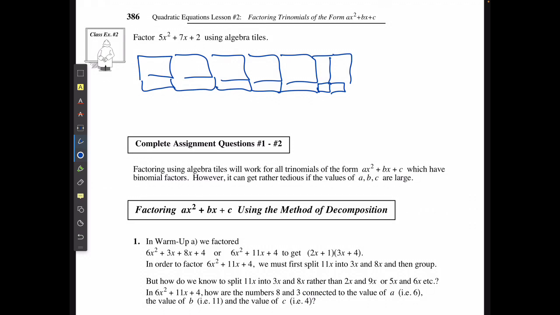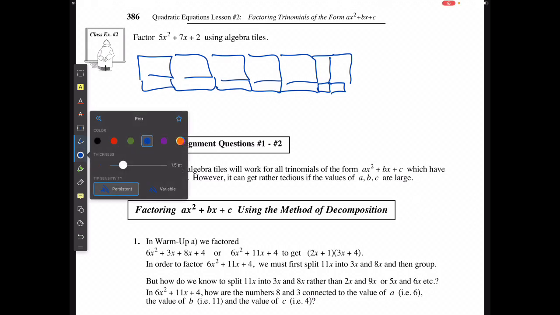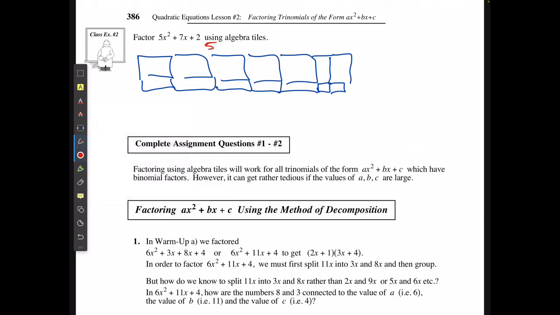And when I do this, I have a side length up on the top, where this is 5 long ones, or 5x's, and then 2 small ones, and the other side is an x and a singular small one. This is going to factor into 5x plus 2 and x plus 1.